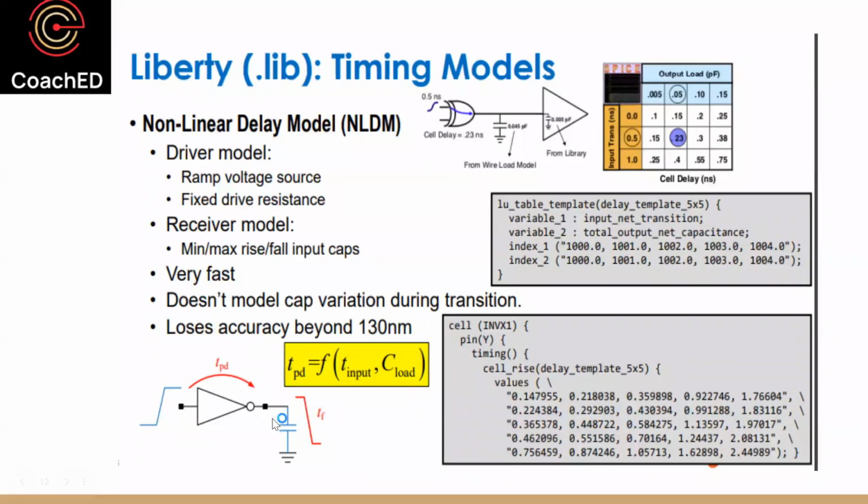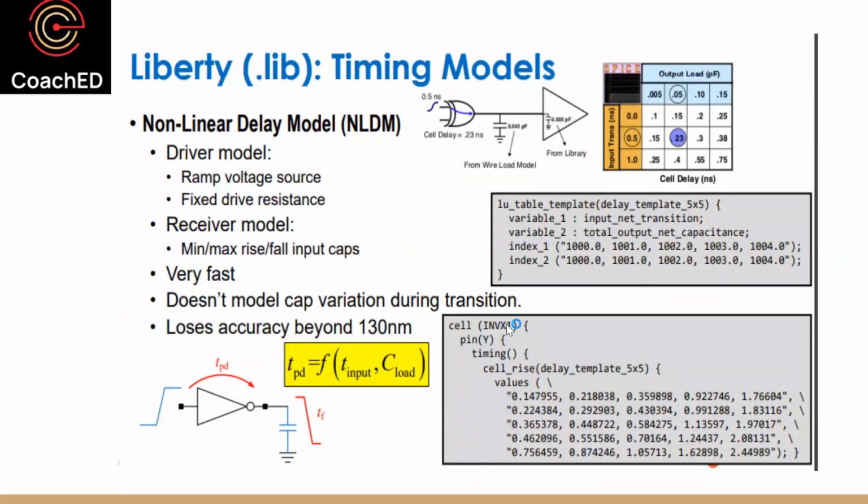Let's look at this portion here, this gray box. There's a syntax which says cell, which means there's a digital cell, INV X1, I should say. INV is some name given to the cell, and this specific cell is an inverter.